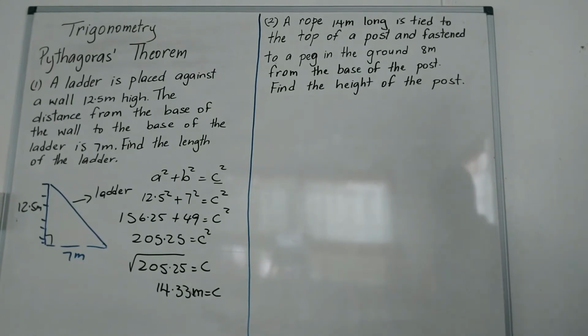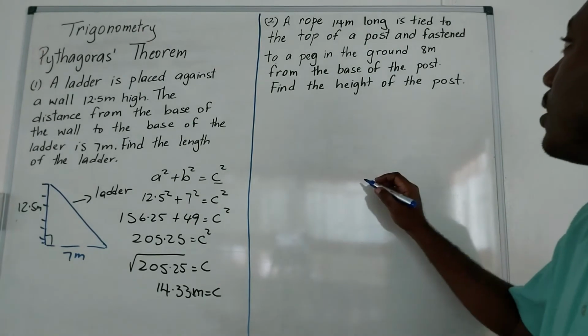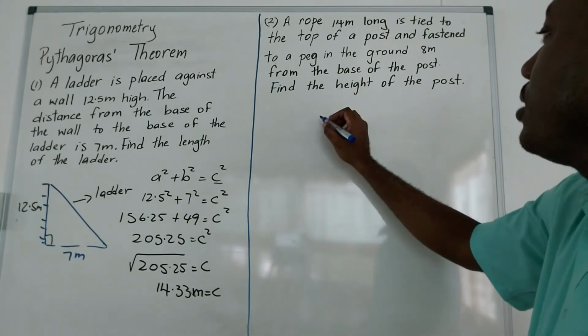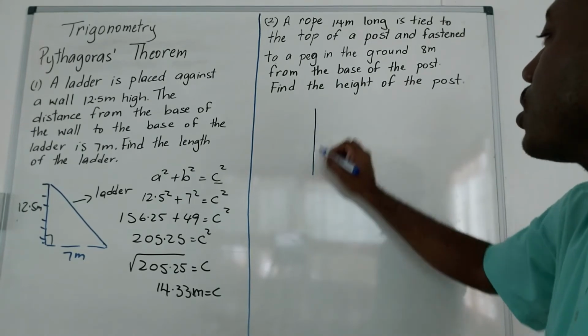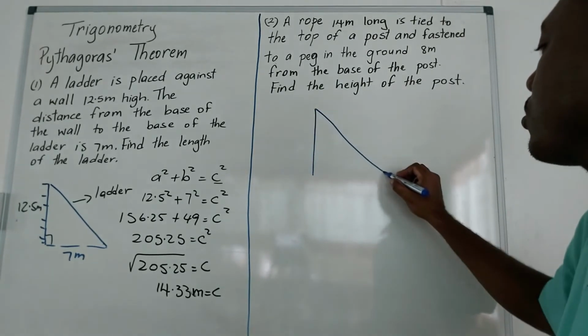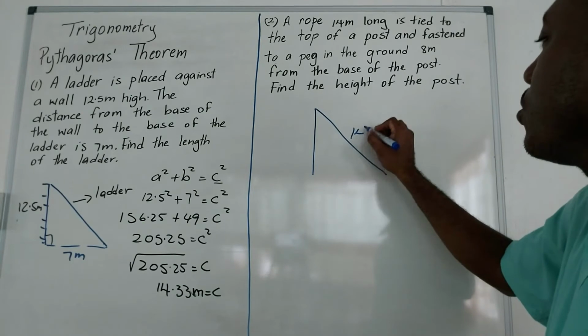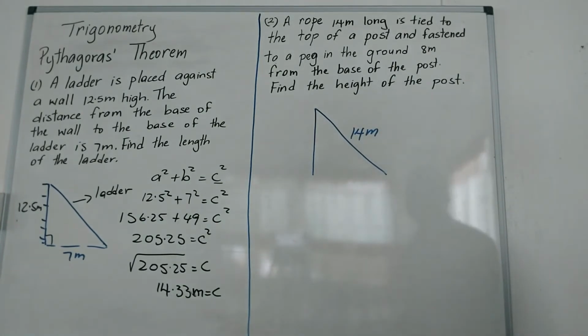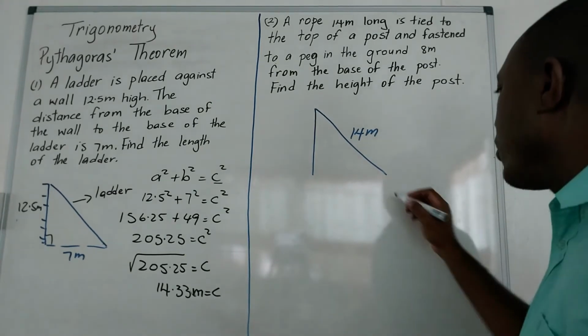So, we have a post, and attached to the post is a rope. This rope is 14 meters long. It is attached to a peg in the ground.